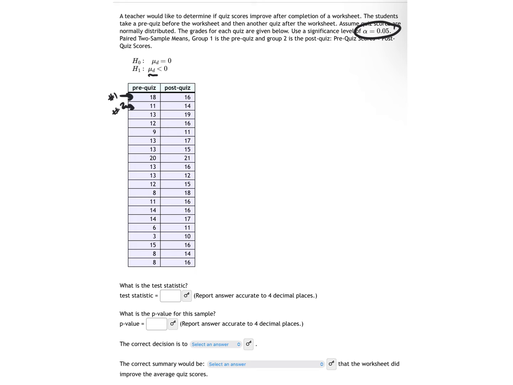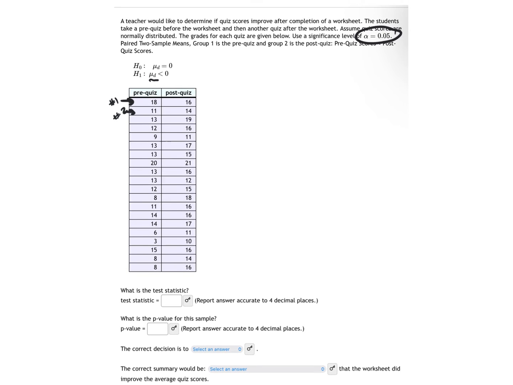So, you have to be thoughtful about how you set that up. It says pre-test minus post-test. So if they went down, like if you had, she would like to improve their scores.